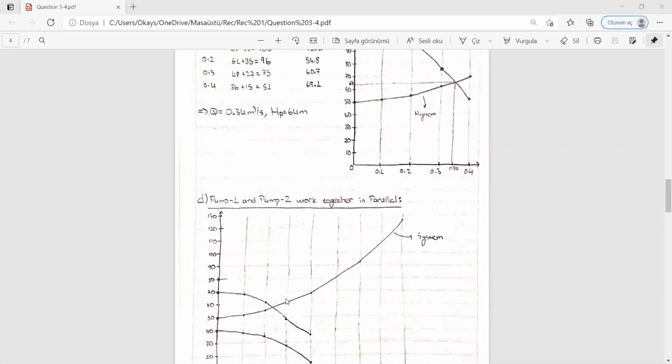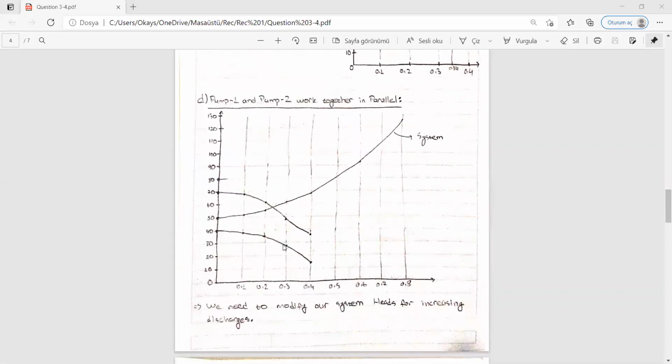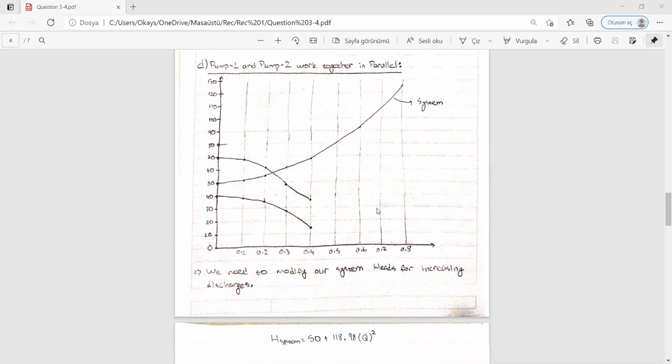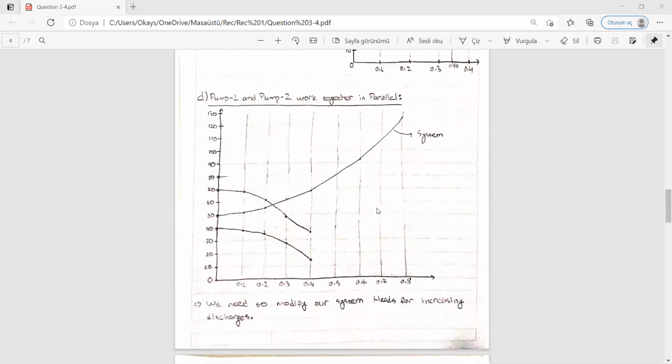Since the discharge is changing, the values for the system curve are changing as well. But the problem is this curve only coincides with this one, but doesn't coincide with the first pump. So it requires complex calculations. You can say here it is not suggested.